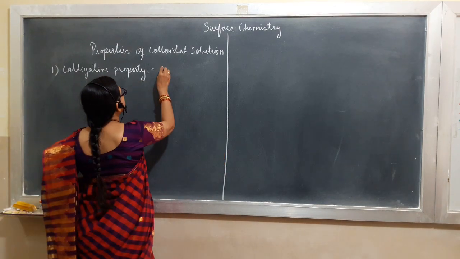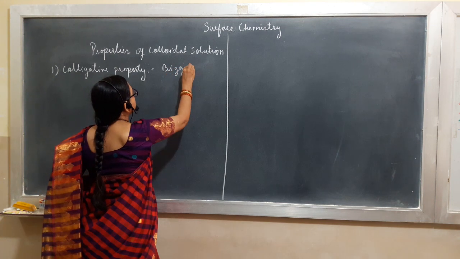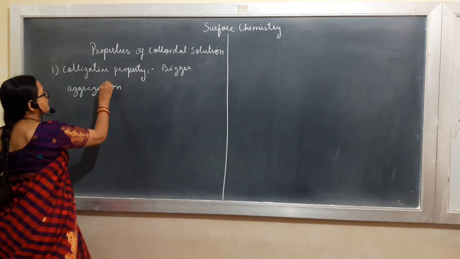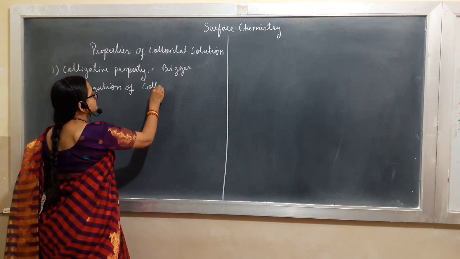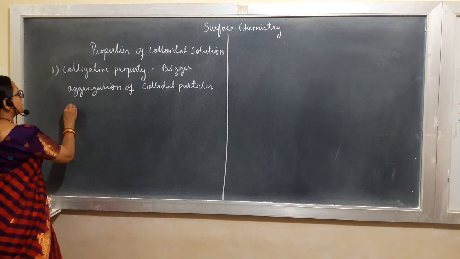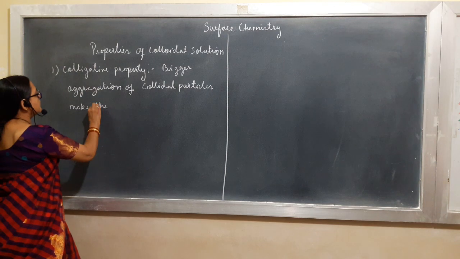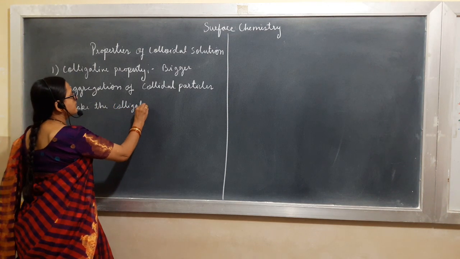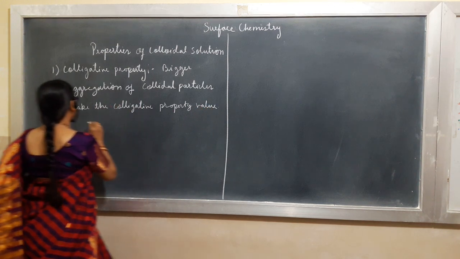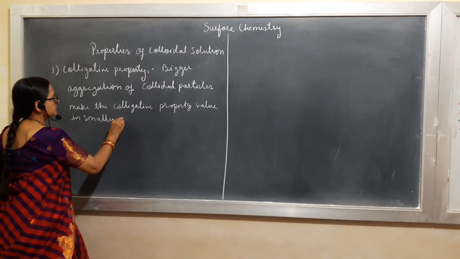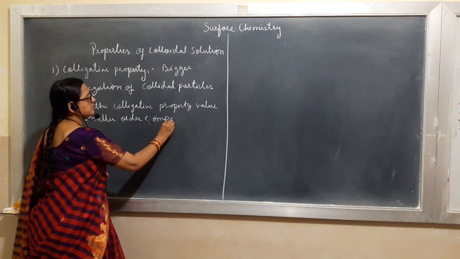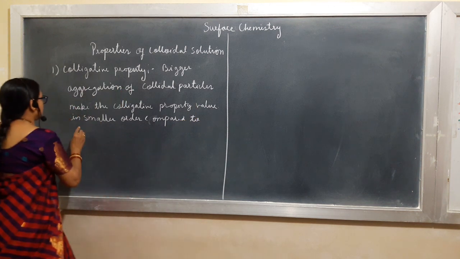So what happens here is bigger aggregation of colloidal particles makes the colligative property value smaller in order compared to a true solution.